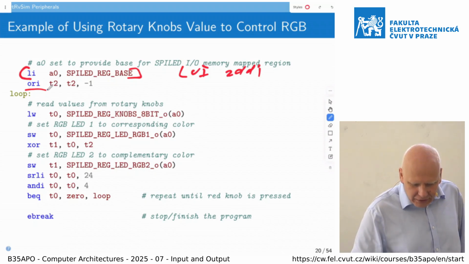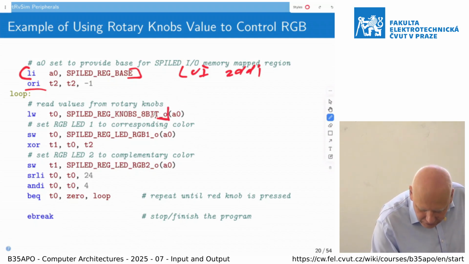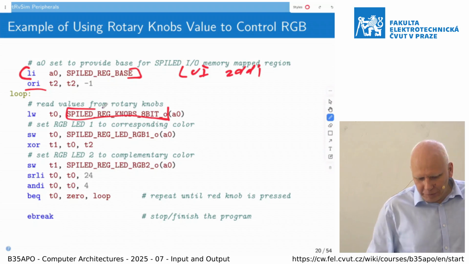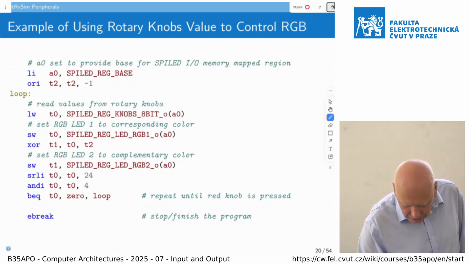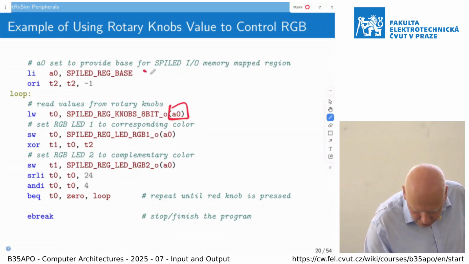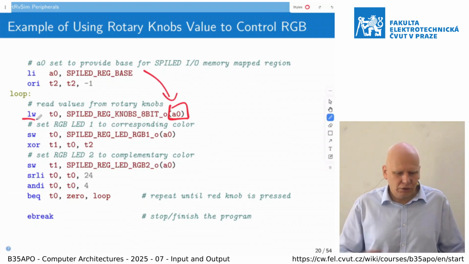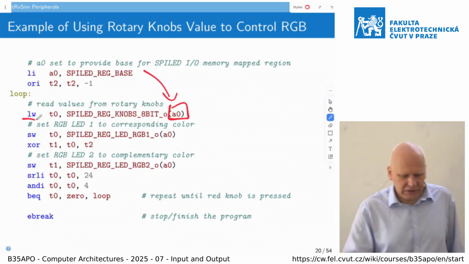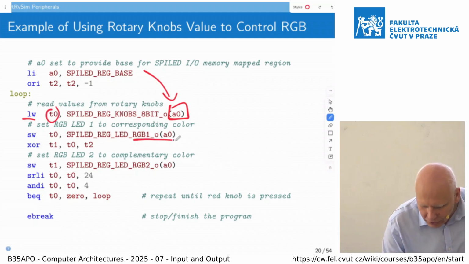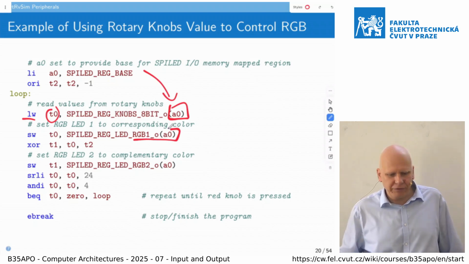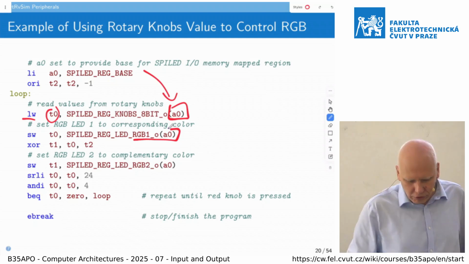And then what we can do is use the offset of our knob register, combine it together with the base, which is stored in A0, and use the standard load word operation to get the value into the T0 register. Then we can take this value and store it at a different offset in the same peripheral, and we have our first application which allows setting the color on the LED.